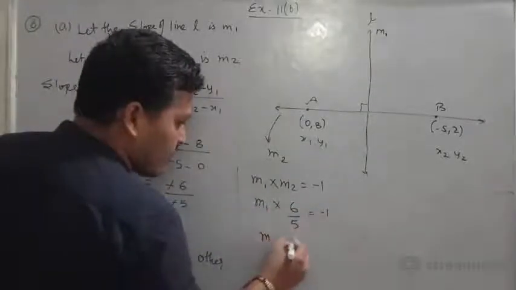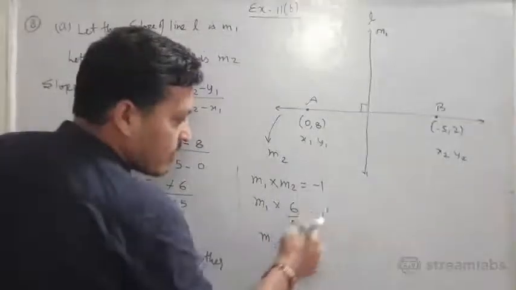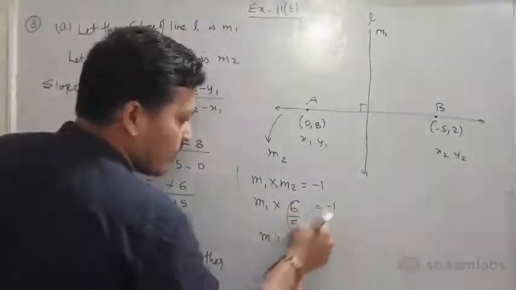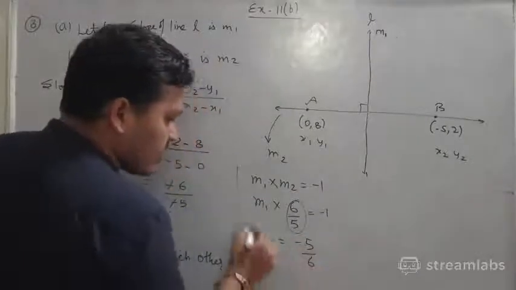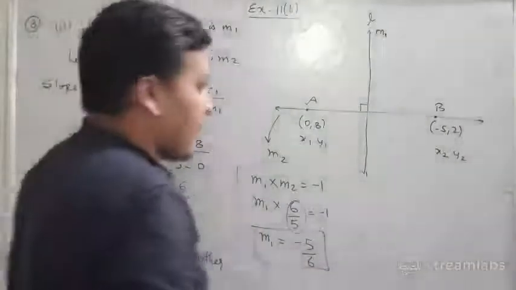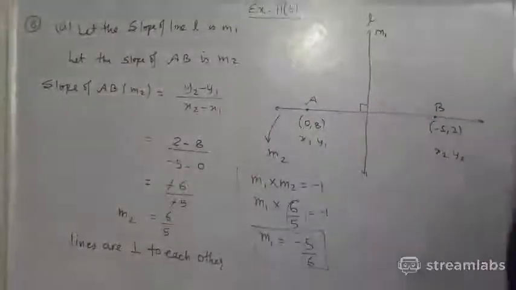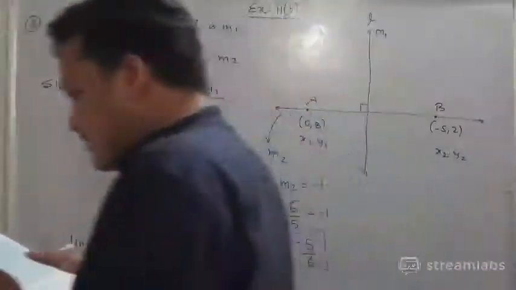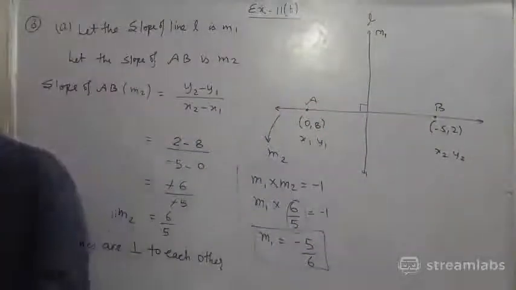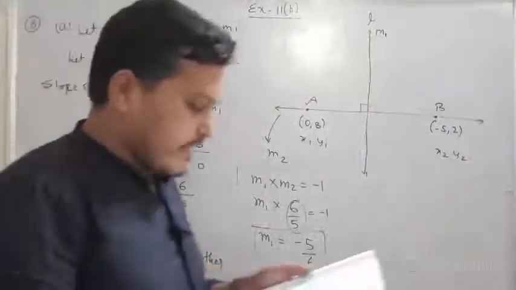So m1 is equal to -1 into 5 upon 6, we transfer the 5 to the denominator side, so -5 upon 6. So this is the slope of the line which is perpendicular to the given line. The answer is -5/6. Okay, is it clear?